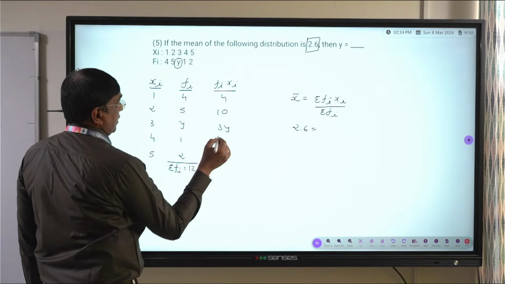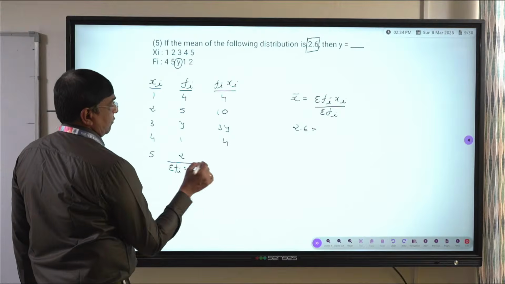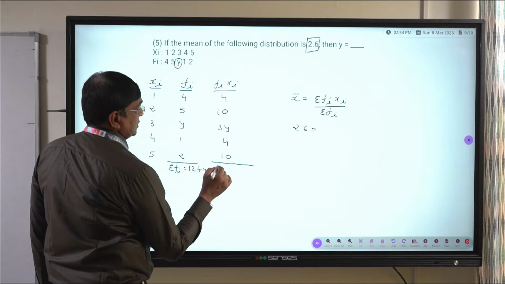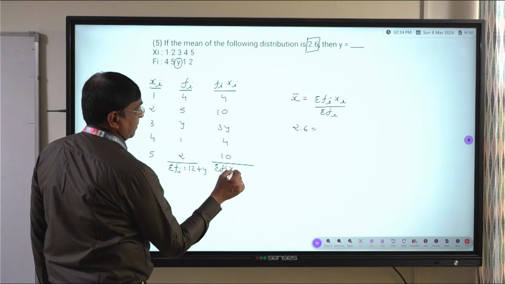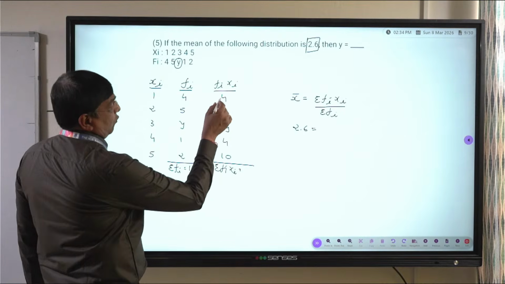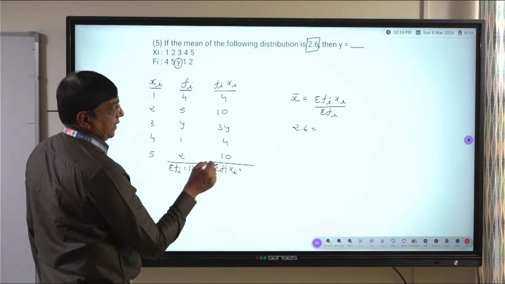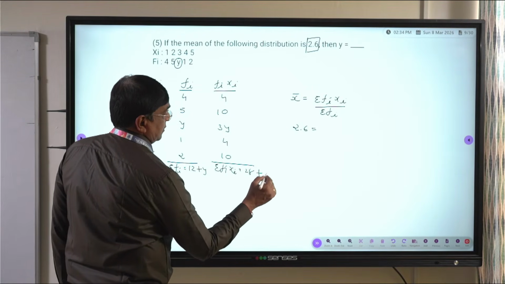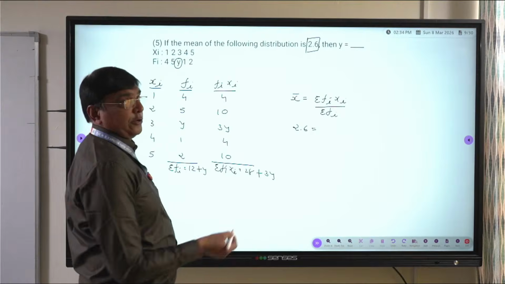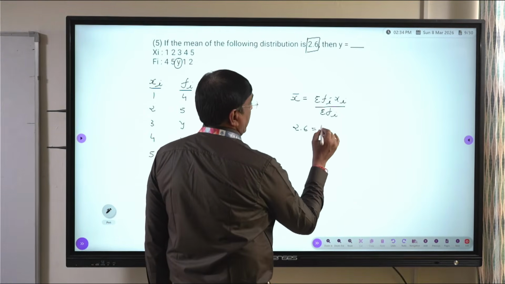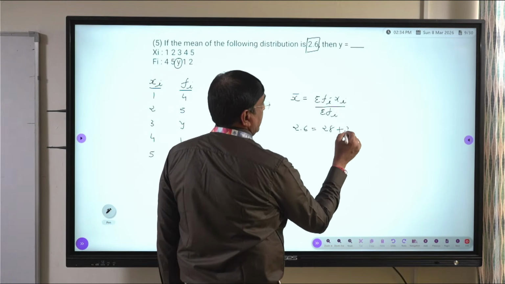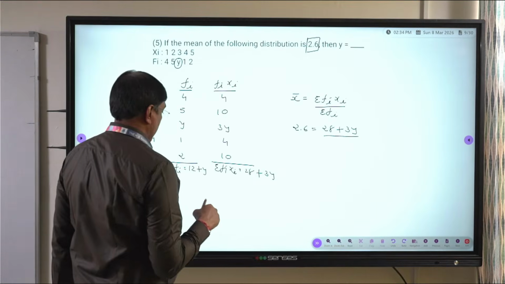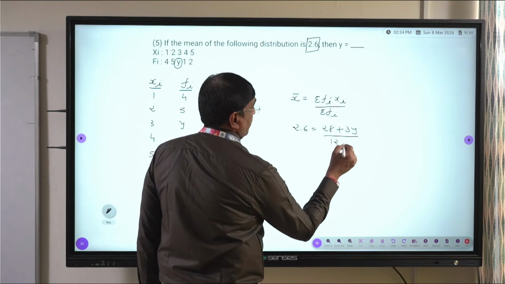It is 3y. 4 5 2 are 10. So your sigma fi xi equals 14 plus 4, 18 plus 10, 28 plus 3y. Substitute the values. So 28 plus 3y upon sigma fi, that is 12 plus y.